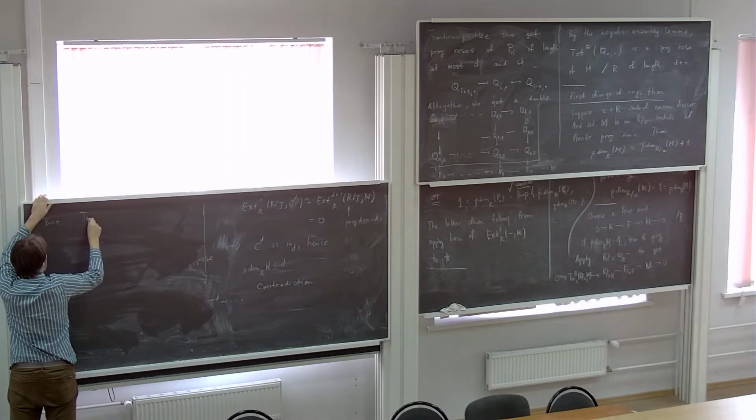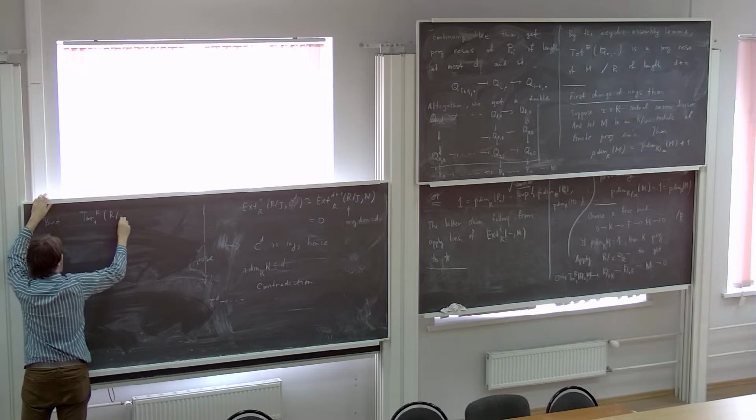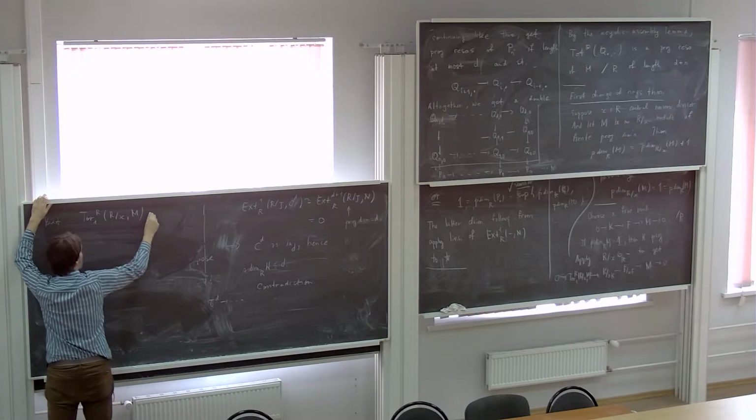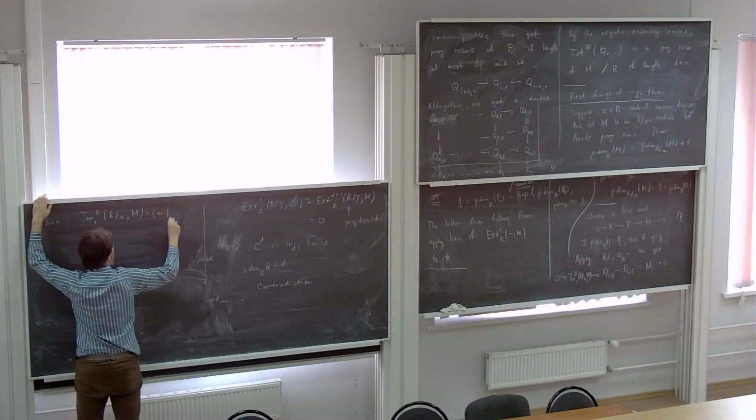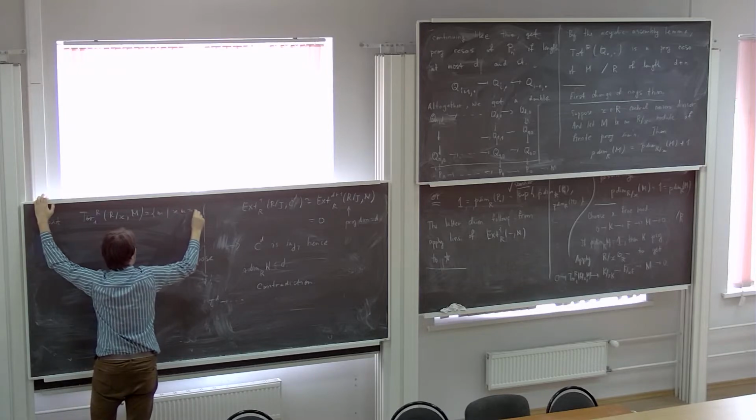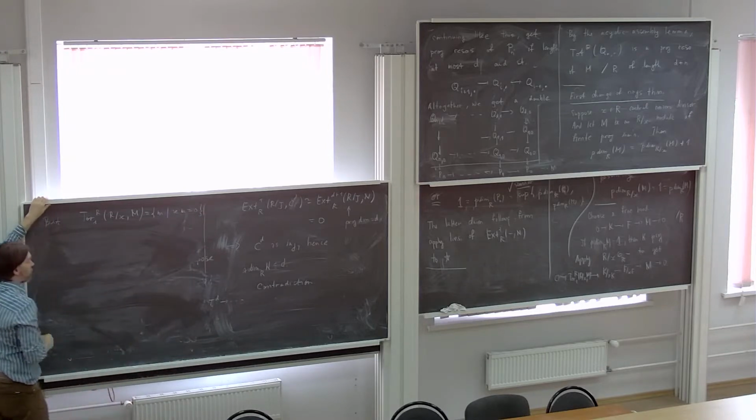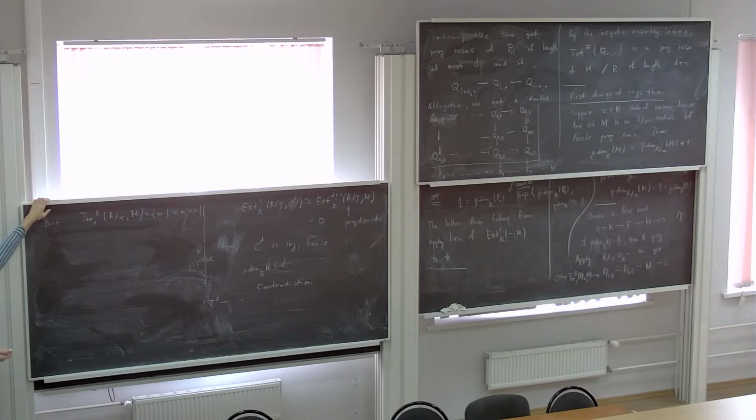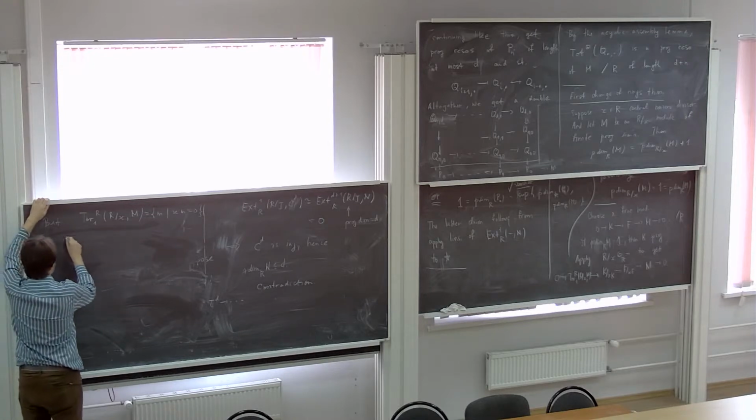This Tor1 term, for any module, would always be m such that xm equals 0. Okay. But because x acts trivially on M, in our case, that's just equal to M.